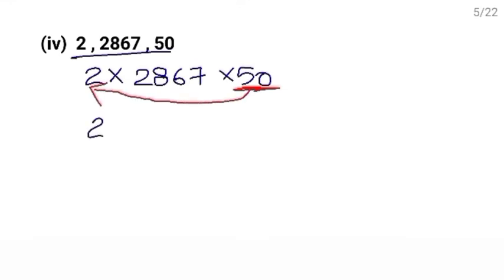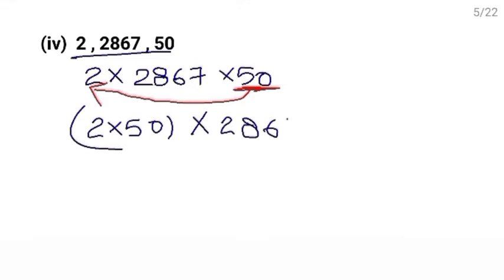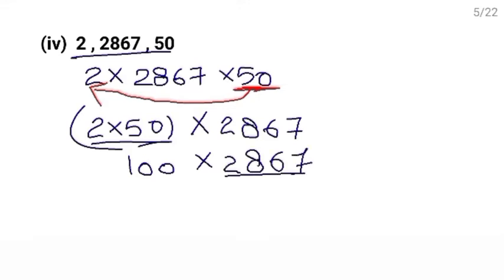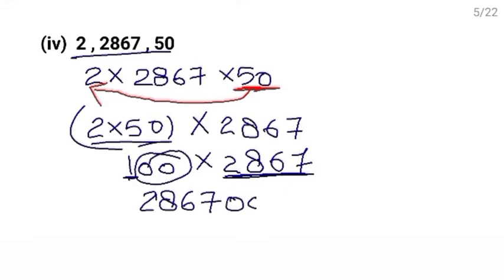Right? 2 multiply 50 multiply 2867. 5 2s are 100 multiply 2867. When you multiply this 2867 by 1, you will get the same number 2867. How many zeros were there? 2. So put 2 zeros.